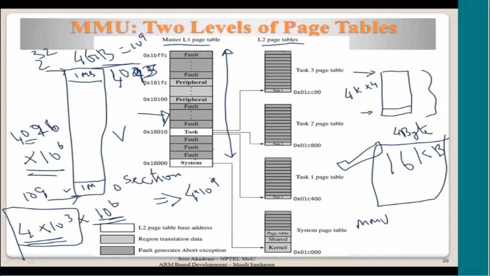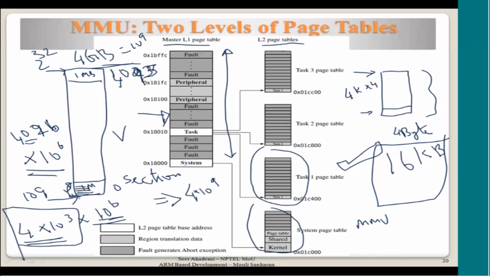So if that is the entry, it will be pointing to the system entries, pointing to another table. One more table is there. Let us not worry about it for a moment. This is done because within 1 MB I may want to give different access permissions. In that case, I have to split that 1 MB into finer pages.